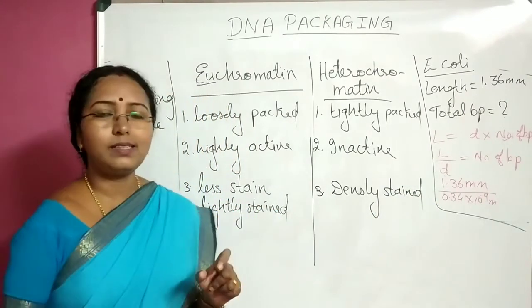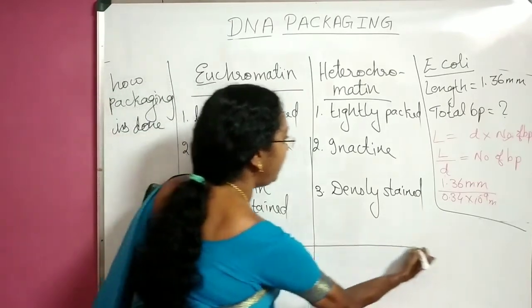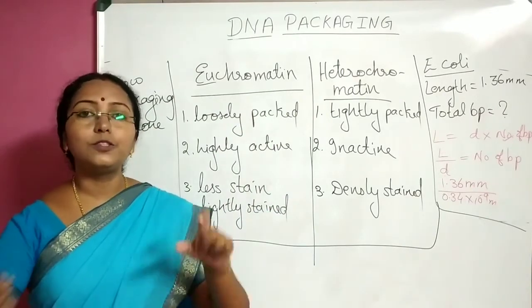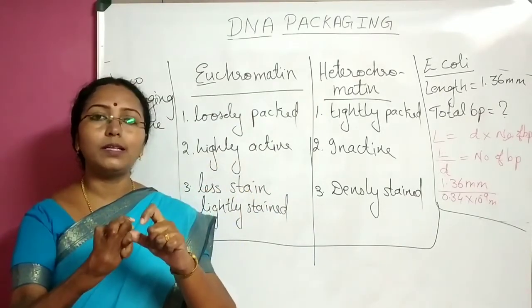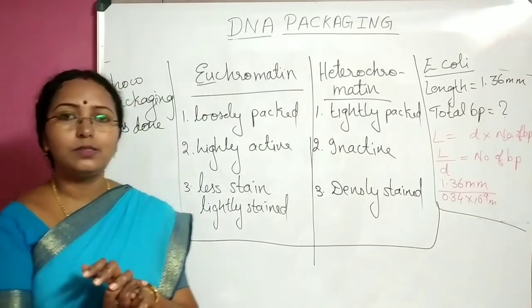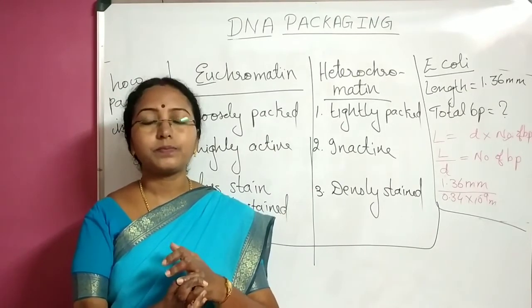It is very densely or darkly stained. So this is the difference between euchromatin and heterochromatin, or these are the two types of chromosomes based on their packaging nature.